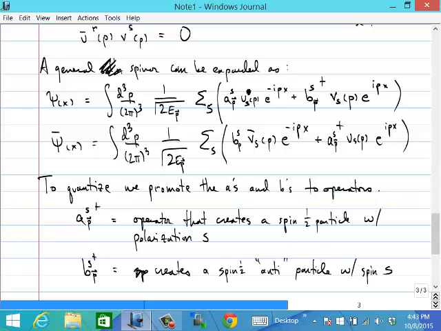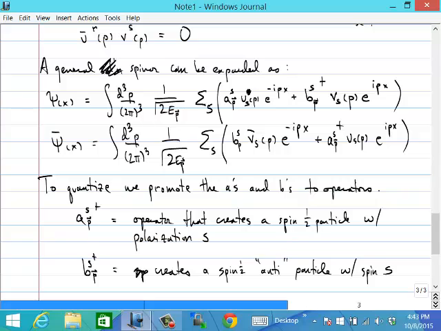Now, I haven't really proven to you that these are antiparticles, that the a's and b's create antiparticles of one another. In fact, I haven't really defined what an antiparticle means. What you can immediately conclude from what I've done here is that the a and b particles have the same mass. It will turn out that these particles also carry charge, and as we'll see, they're going to carry opposite charge.